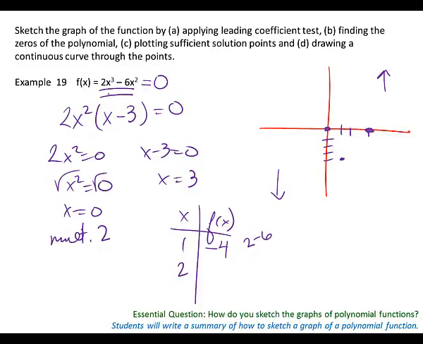Then let's put in the 2. So 2 cubed is? 8 times 2 is? 16. 2 squared. 4 times negative 6 is? Good. So 16 minus 24 is? Negative 8. All right, so I'm going to go out 2, down 8.